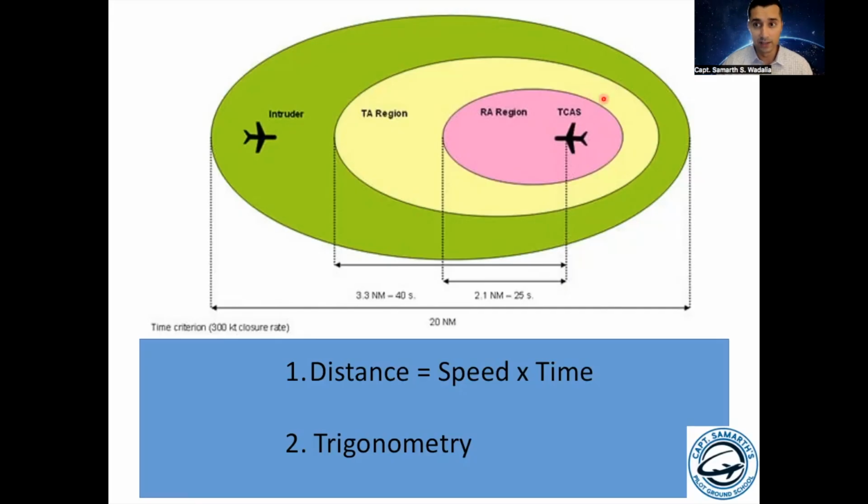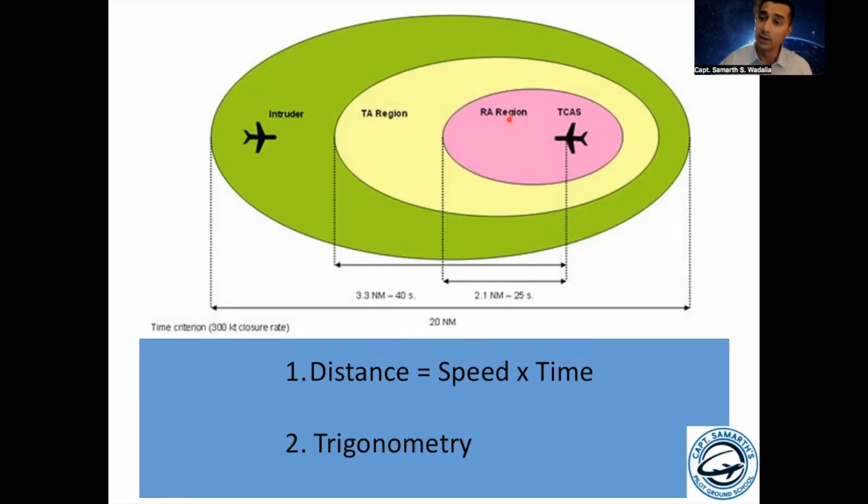TCAS is very quick in figuring this out. And once it figures this out, TCAS places this 300 nautical mile per hour closure rate or relative speed into the speed portion of this formula, distance equals speed times time. What it does then is it takes the 40 seconds of the TA region and substitutes time for 40 seconds. Whatever answer it gets, it will place the traffic advisory bubble around your aircraft at that distance.